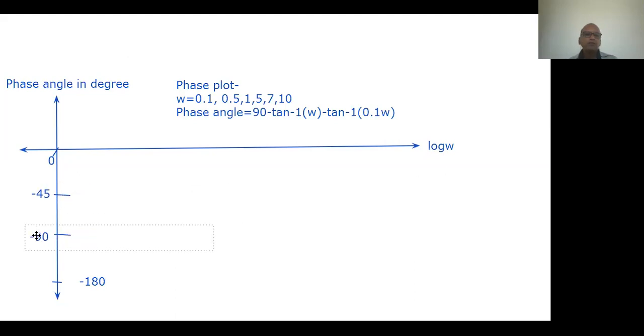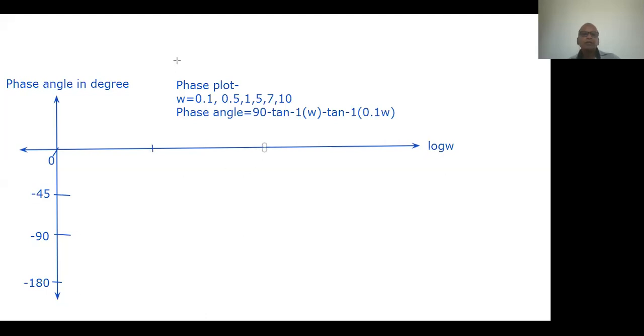Minus 40, minus 90, minus 1. Once you calculate the phase angle for point 1, point 2, point 3, that is 0.1, then 1, then 10.